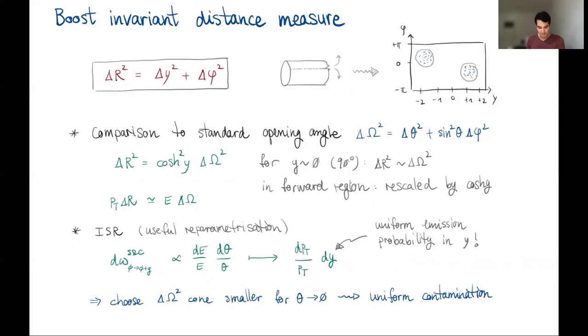So by effectively choosing this opening angle smaller in the forward regime, what you accomplish is that the contamination you get is roughly uniform across rapidity. This is a very nice property to have, especially if you are an experimentalist and want to correct your jets for these kinds of contamination effects, if irrespective of the rapidity region, roughly the contamination is uniform.